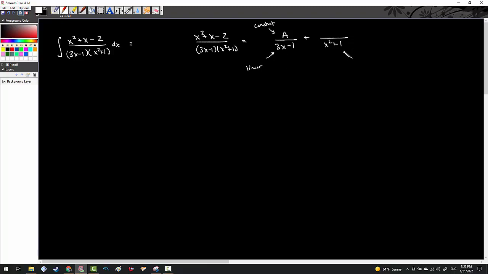Now, if you notice the second fraction here is quadratic, which means the top of this must be linear. So I'm not going to call it B because that would be constant. I'm going to call it Bx plus C because it has to be some form of a linear function. So keep that in mind, that your numerator will always trail the denominator by one functional factor, if that makes sense.